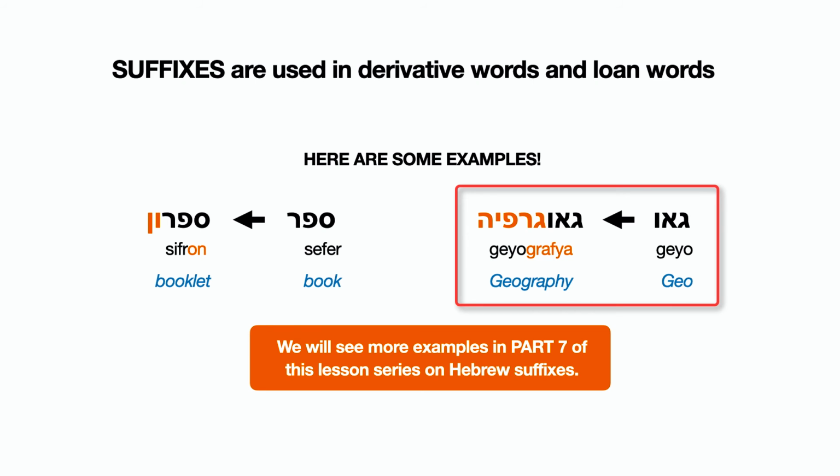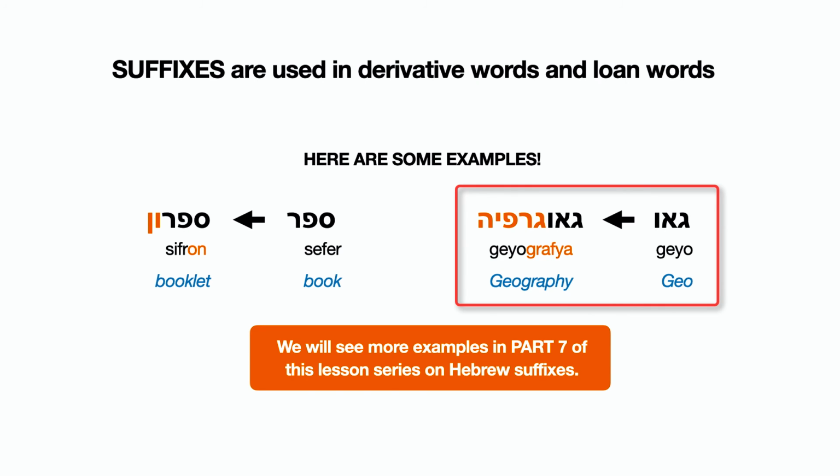Now, the other example is to form a loanword. Of course, geography, calligraphy, history, those are not native to the Hebrew language. But to form those kinds of words, Hebrew would add suffixes like grafia.